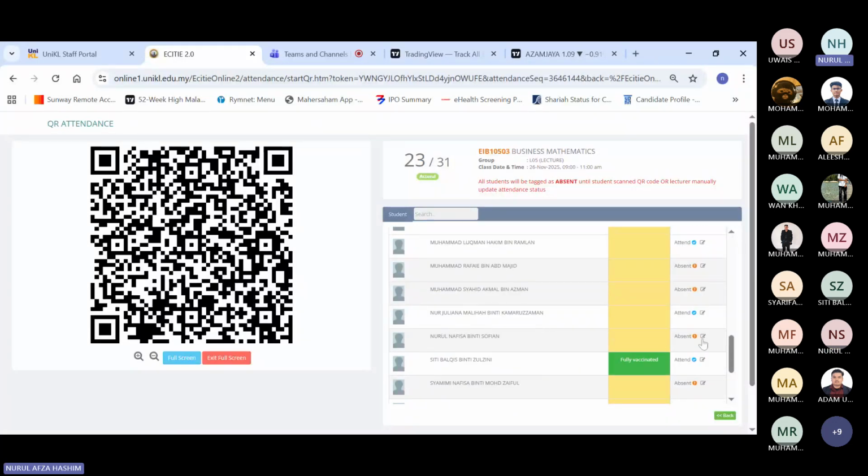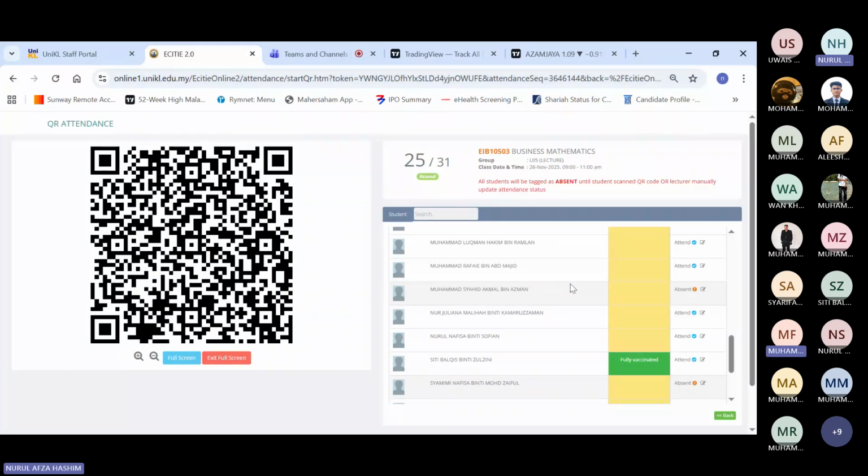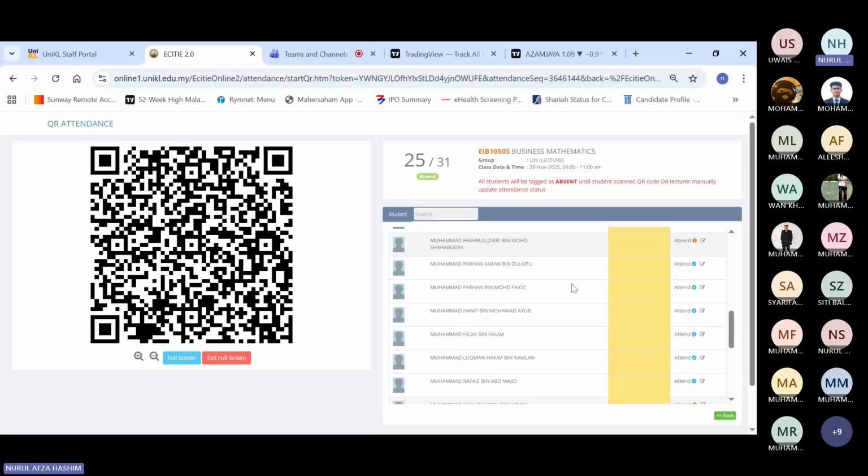Okay. Madam, saya tak nak scan kat madam. What's your name? My name is Muhammad Rafai. Ahmad Rafai. Okay. So both Farhan ada kan? Farhan Aiman dengan Farhan kan?